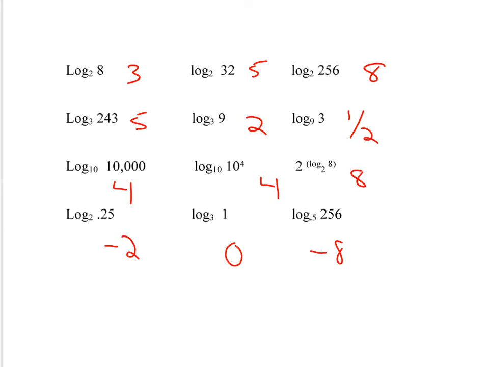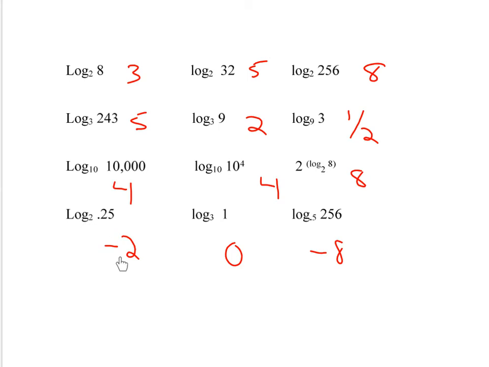The next one, our inverse property again, is 8 because 2 to what power is 8? Well, it's the third, so 2 to the third is 8. Okay, and I know those are confusing. It's almost so simple it's hard, but that answer is 8. 2 to what power is 1/4, 0.25?